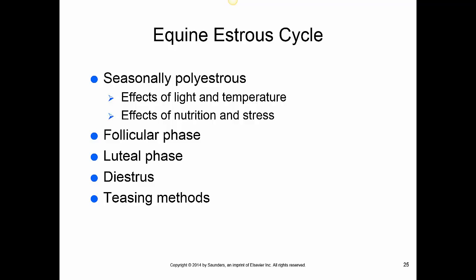By the time one corpus luteum is starting to dissolve at 30 days, another follicle has ruptured and formed another corpus luteum, and it's going to take the place of the first for another 30 days. And so it's not uncommon to see mares sometimes come into heat when they're still pregnant.